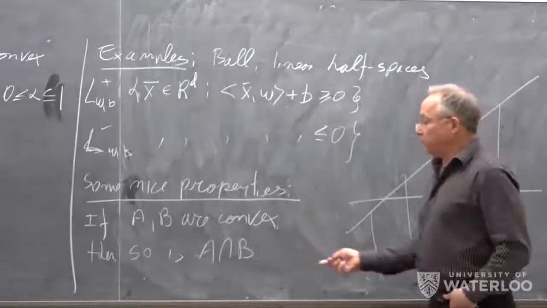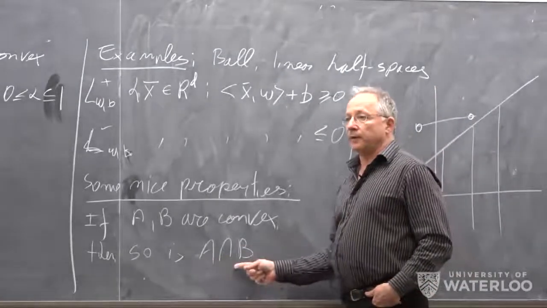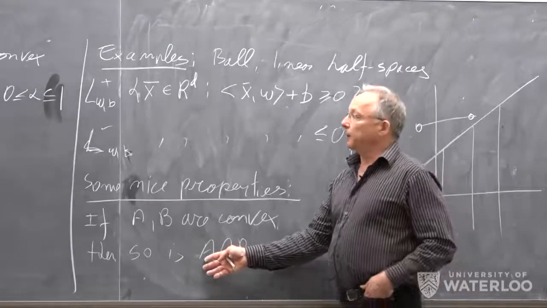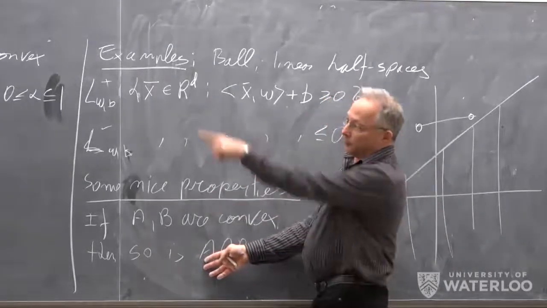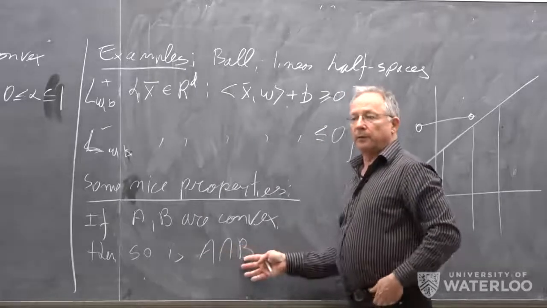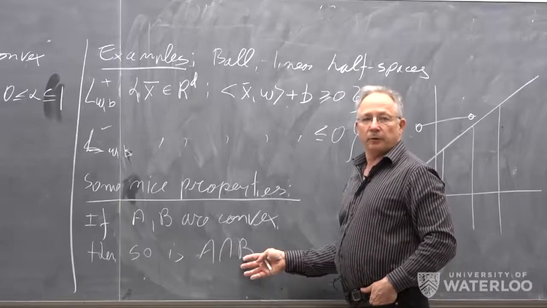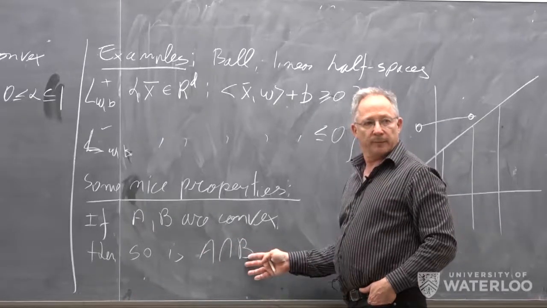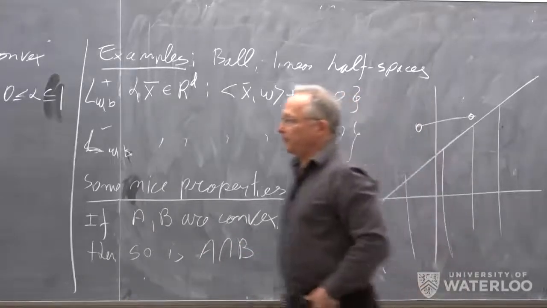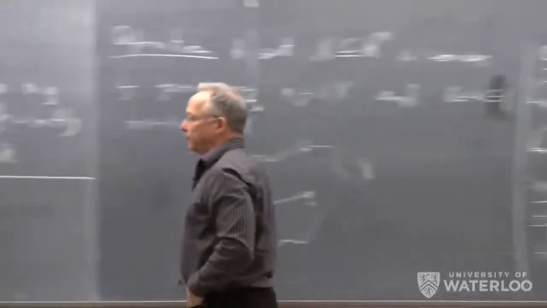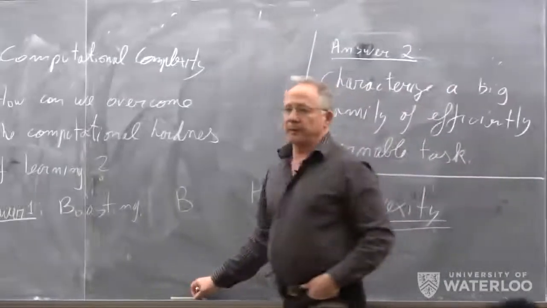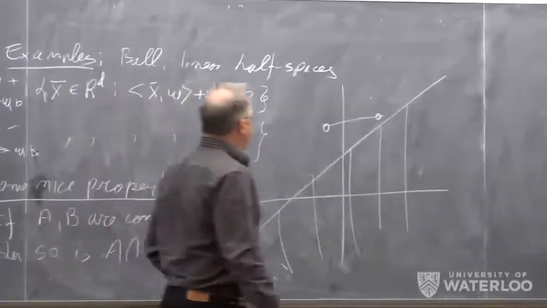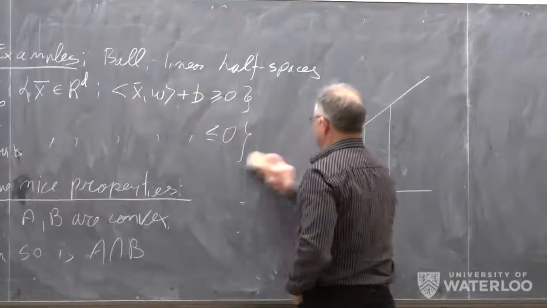Because if I take points x and y which are in the intersection, then x and y are both in A, and therefore the intermediate point will be in A, and x and y are both in B, so the intermediate point will also be in B, so the intermediate point will be in both A and B. And a corollary from this is that we can also define the convex hull as we did before.